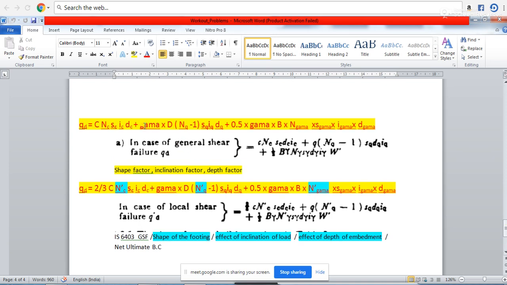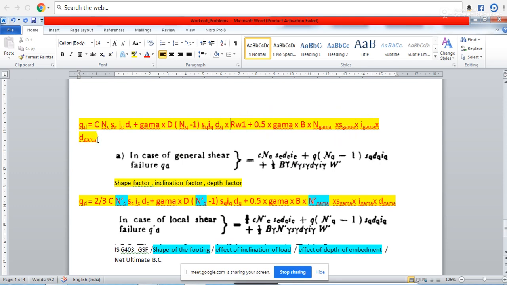I think we are here, right? So you see, I was telling that there are two factors. What Utkarsh is asking is that there are two factors you need to multiply. One is the RW1 factor, and the other is the RW2 factor.